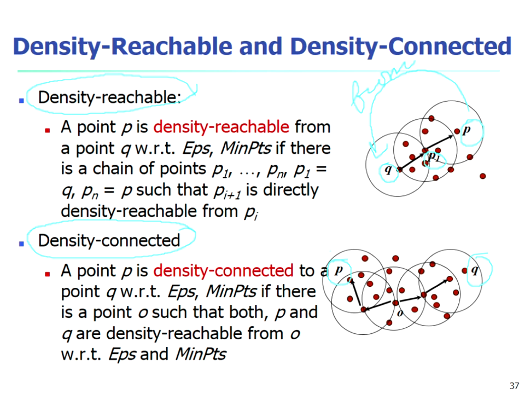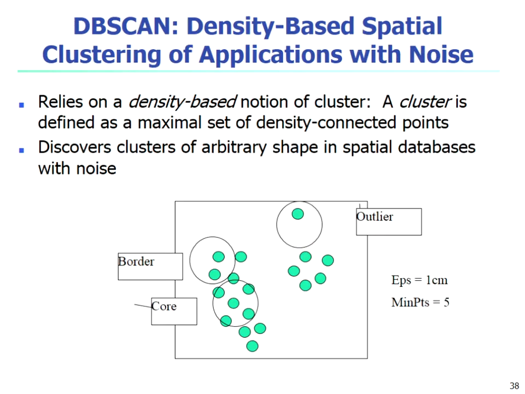Here we have P and here we have Q with respect to EPS and MinPts, if there is a point O such that both P and Q are density reachable from O. So here in our example, P and Q are density reachable from O. For this reason, we can say that P is density connected to Q. Is it clear? Yes, clear. Good.